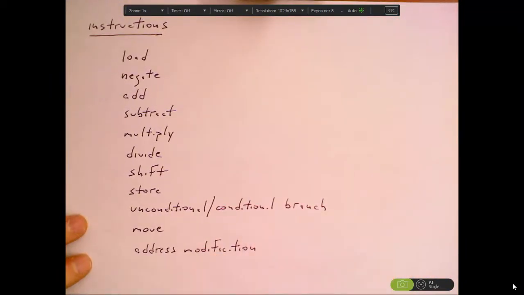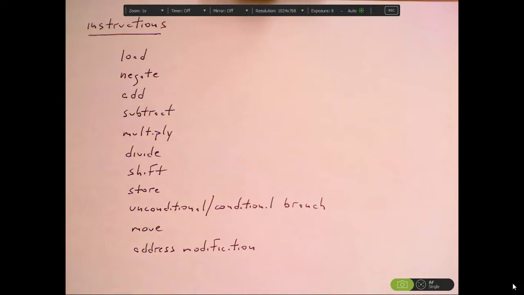You could load and store, you could do arithmetic operations, including negate, you could do left and right shifts. You had branching instructions, both conditional and unconditional. You could move values between the two data registers, AC and MQ.